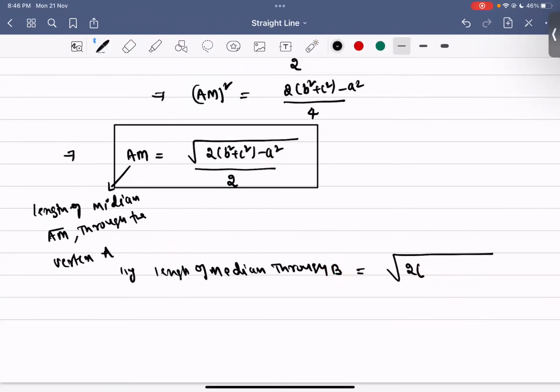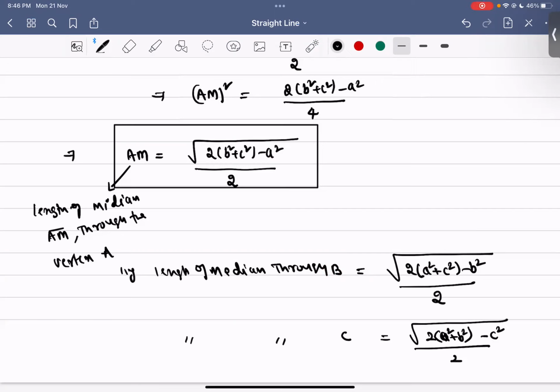By symmetry you can write 2 times a square plus c square minus b square by 4. Yes, sir. Similarly, through C, it is equal to the square root of 2 times a square plus b square minus c square by 4. Clear?